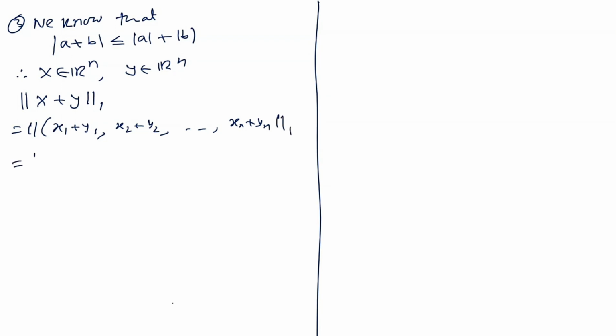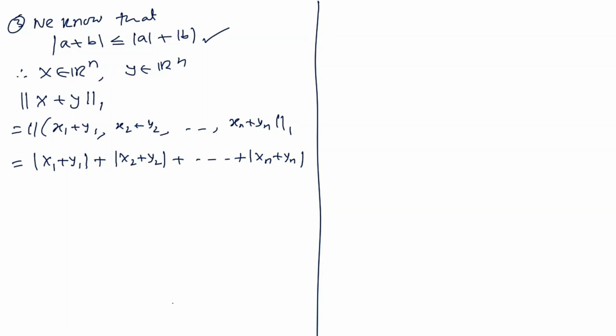So this is equal to |x1 plus y1| plus |x2 plus y2| plus |xn plus yn|.